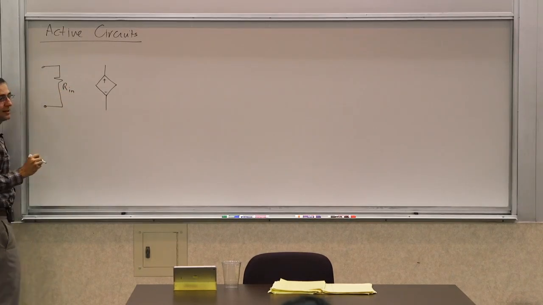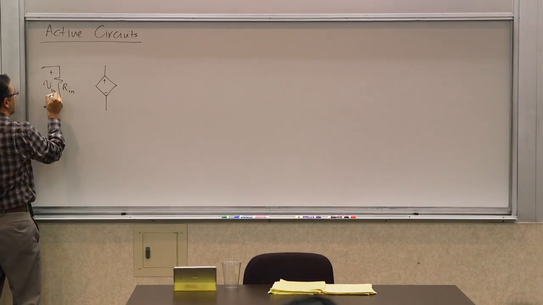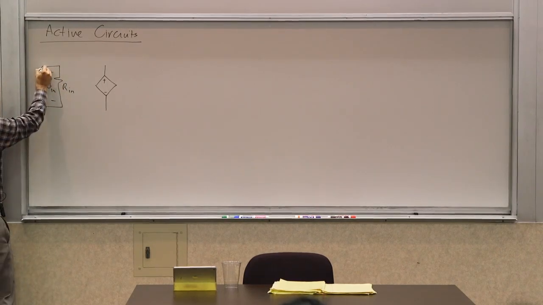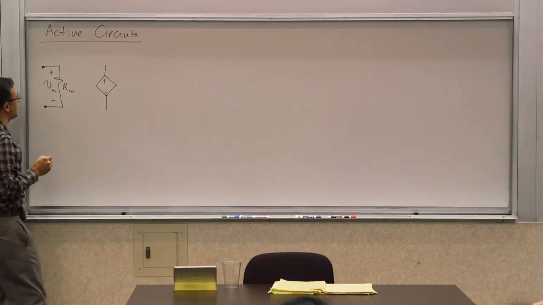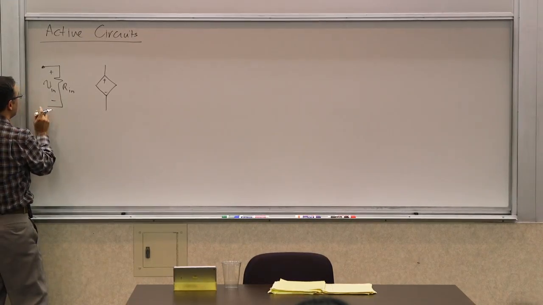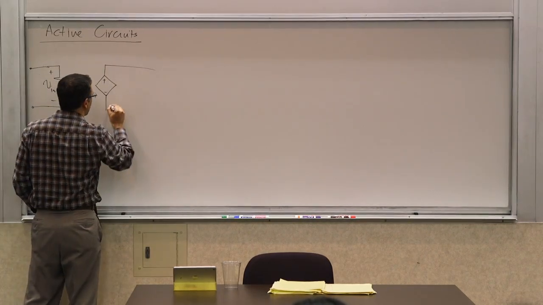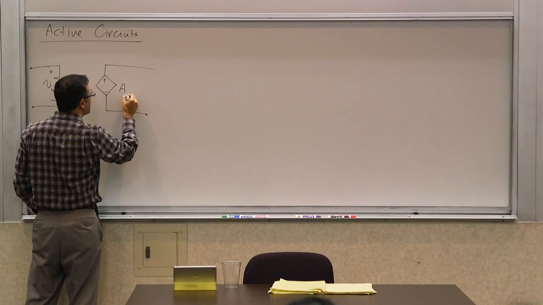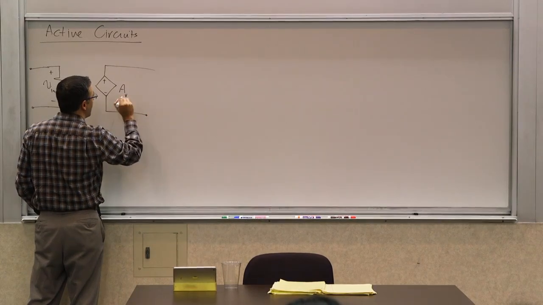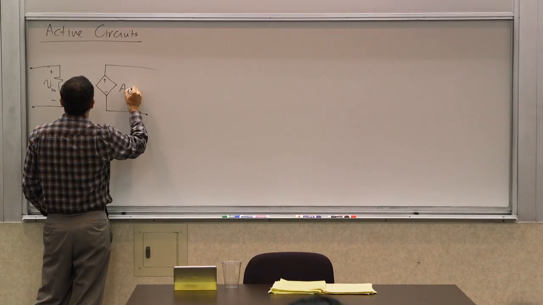We call it Rn, and let's say the voltage across this resistor, between its two terminals, is called Vin. And this dependent voltage source has a voltage of some constant, A sub V, let's just show it as A for now, times Vin.